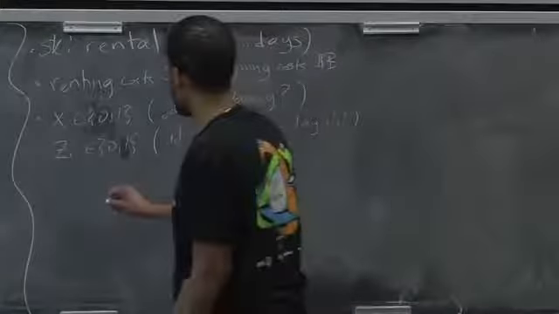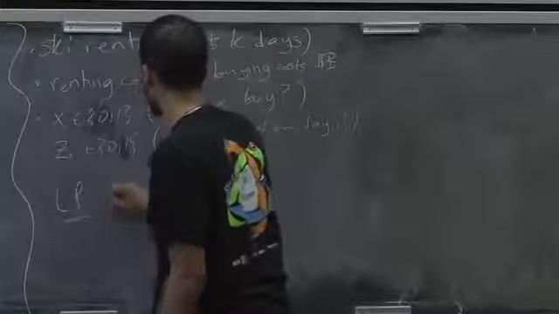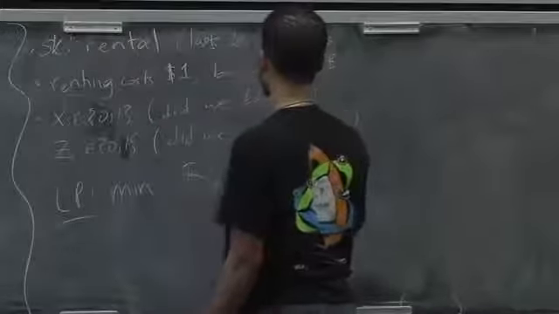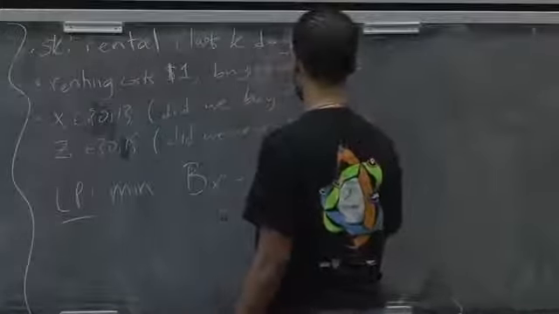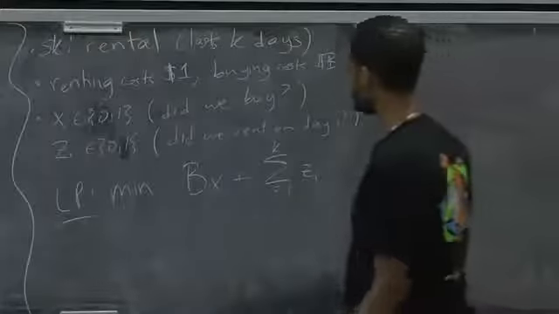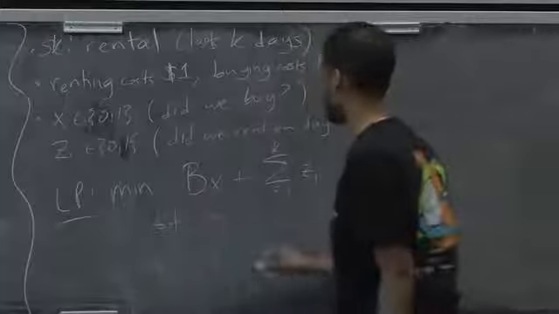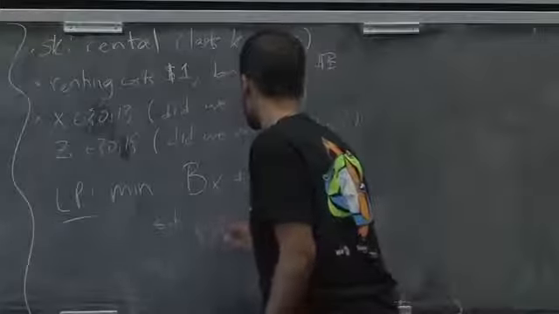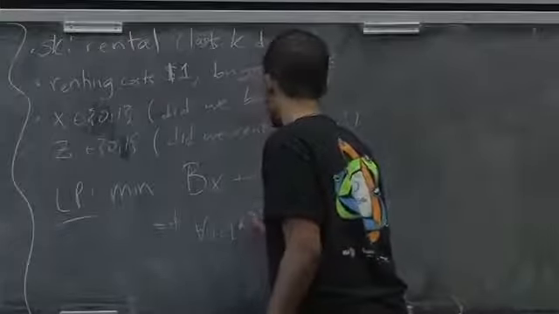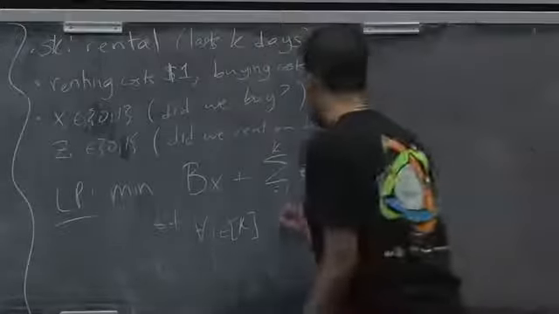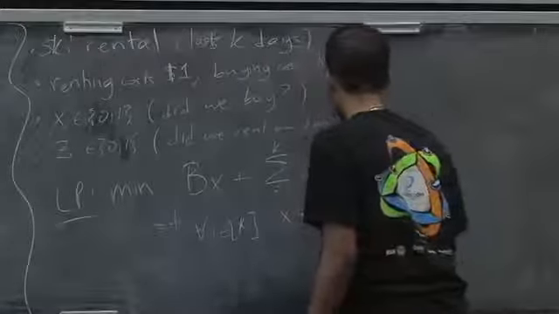So the LP looks like this. We want to minimize Bx plus the sum, i from 1 to k, of zi, subject to, for all i from 1 to k, we either had to have bought or had rented that day: x plus zi had better be at least 1.